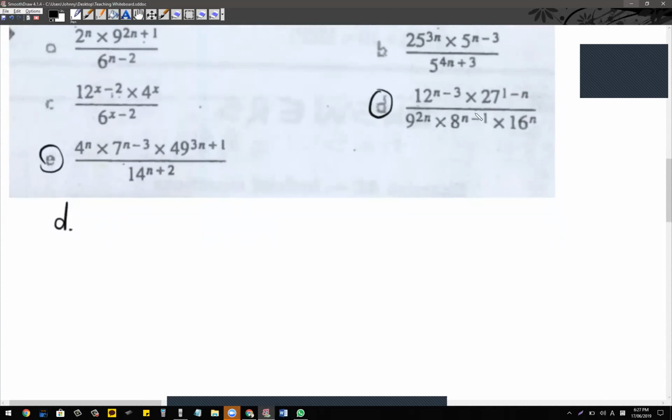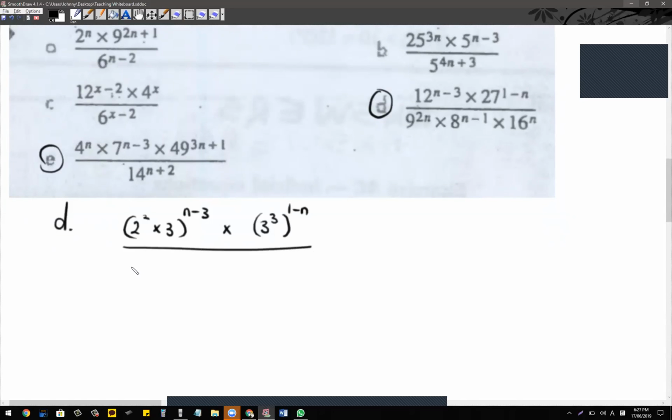So D. These are all really complicated looking, but you have to get it down to 2, 3, 5 and 7, all the prime numbers. So 12 is made up of 2 times 2 times 3, isn't it? So 12 is the same as 2 squared times 3 to the power of n minus 3. 27 is the same as 3, 3, 3, so it's 3 to the power of 3 to the power of 1 minus n.